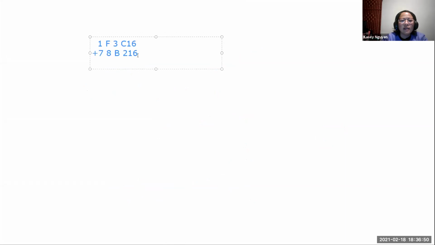I'm going to take out the 16 so it doesn't confuse you. So we're adding these, and these are our hexadecimal. I'm going to switch over to draw. I was trying to use my touchpad.